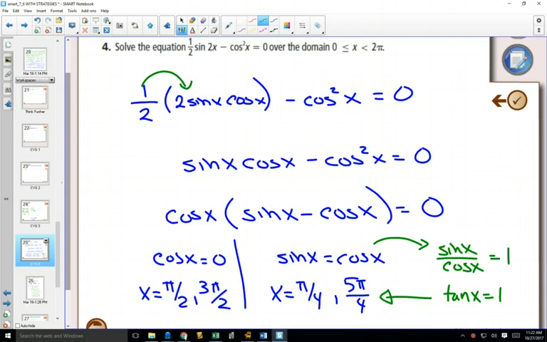Same answer as pi over 4 in quadrant 1 and 5 pi over 4 in quadrant 3. So why am I allowed to divide by cos x in this equation? Because cos x equals 0 is not a solution. For example, when cos x is 0, sine is going to be 1 or negative 1. Is 1 equal to 0? Last time I checked, it wasn't. Unless you do some really bad math.